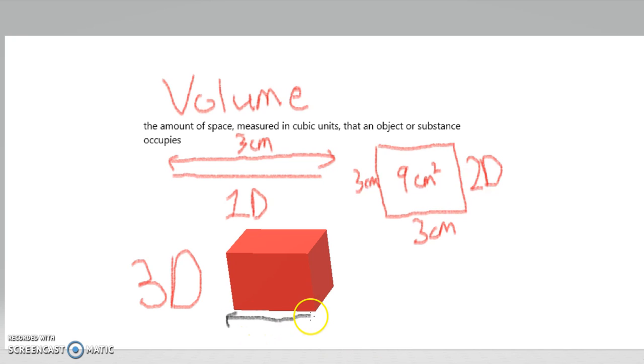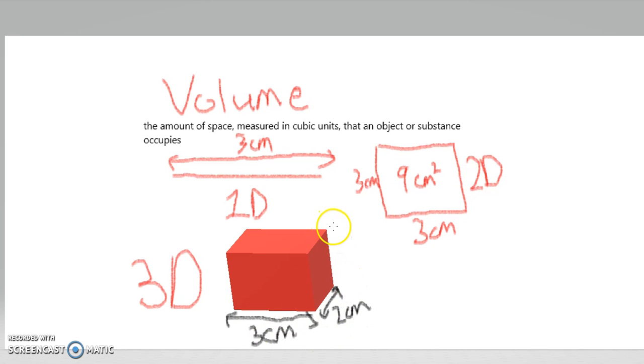Now the bottom length here, let's say, is still 3 centimeters. And this length back into it, we'll say, is 2 centimeters. Okay, so you can kind of imagine a flat rectangle, just like this square. So that area on the bottom would be 2 times 3.